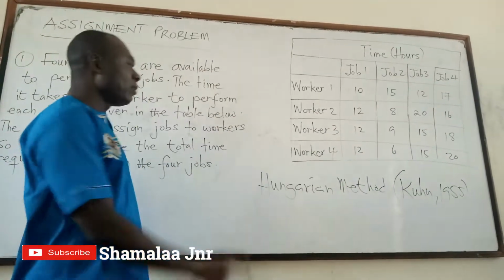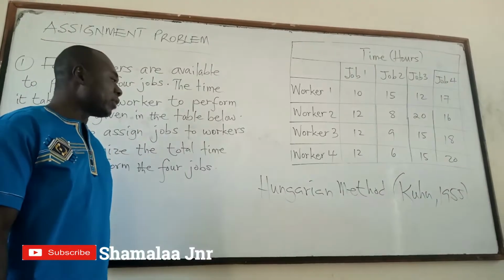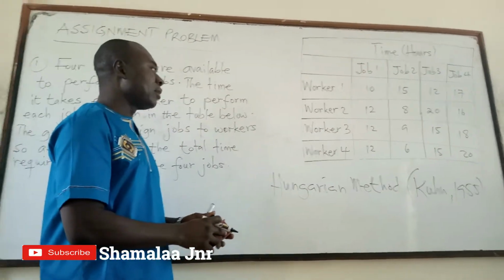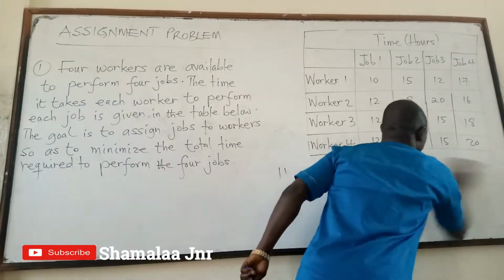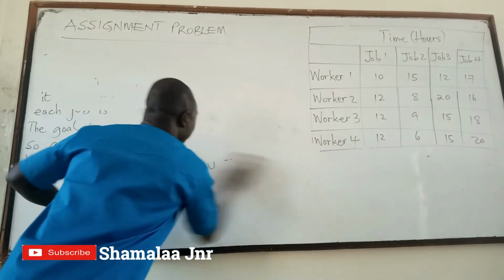It was Kuhn who came out with this method, the Hungarian method. So we are going to employ this one to solve this assignment problem. So let's look at the solution.